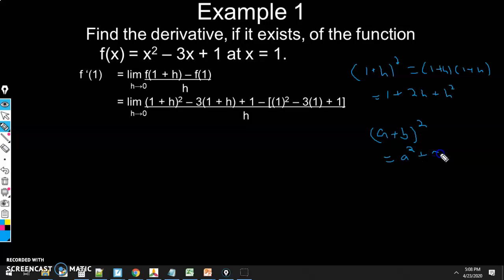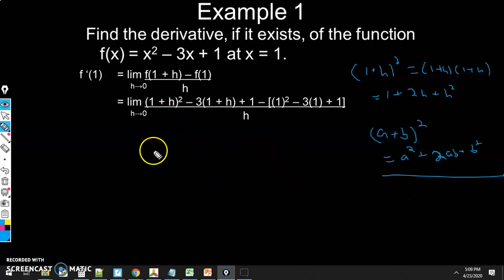It's a squared, then you multiply these two together, a times b, then you double it, so it's 2ab, plus b squared. And that doesn't have anything to do with the derivative there. That is just basic algebra that you guys need to know, okay? And do not distribute the exponent of 2. That is like the worst thing you could possibly do there.